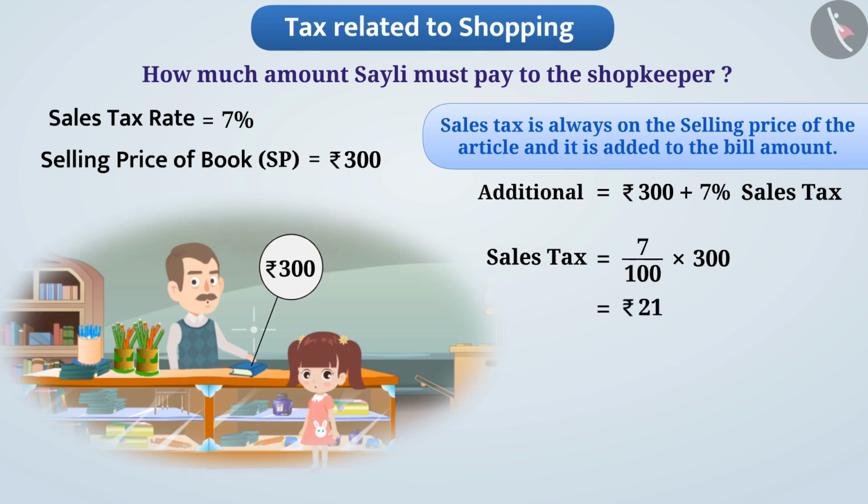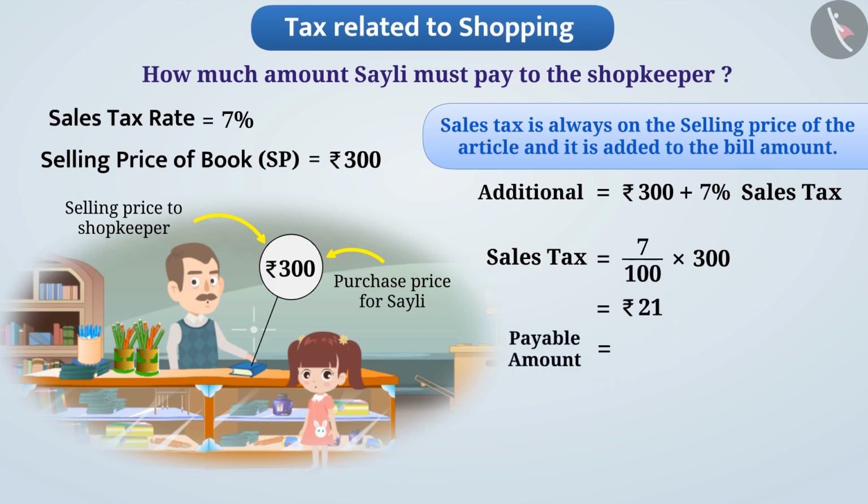That is, buying a book of rupees 300 will incur a sales tax of rupees 21. That is, the payable amount will be cost price plus sales tax, which is equal to 300 rupees plus 21 rupees, which is equal to 321 rupees.